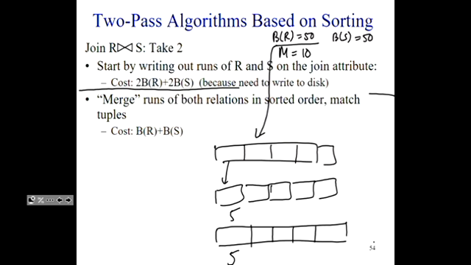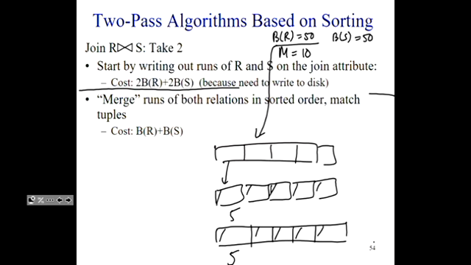The next step is to merge one block from each of these. Unfortunately, once again, I don't have enough blocks in memory, so you guys need to help me out with better numbers. What would be better numbers? So maybe I'll go with 4. Would 4 work? Okay, 40. So let's try 40 instead of 50.